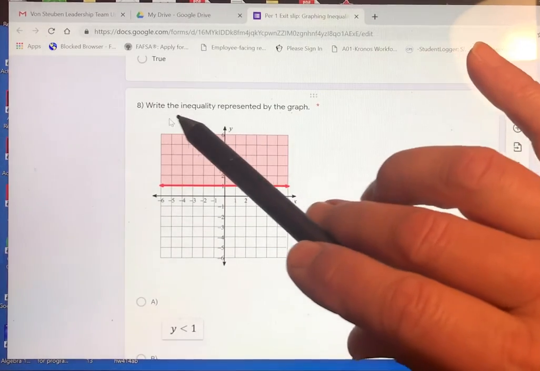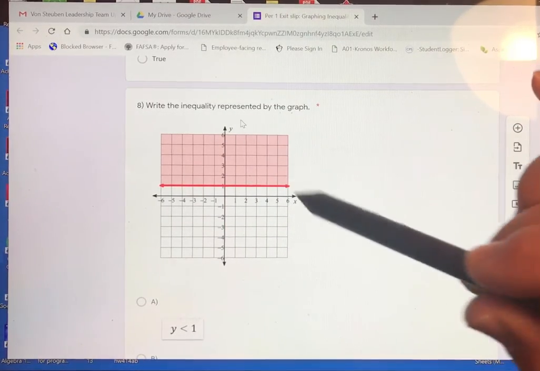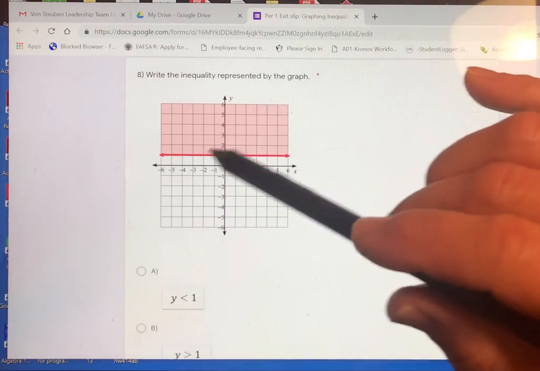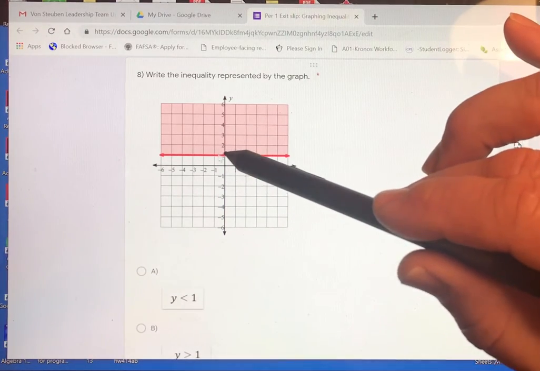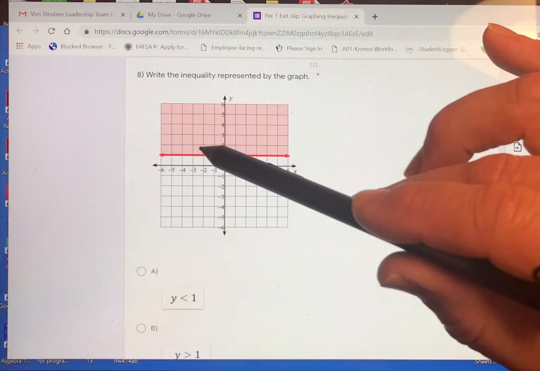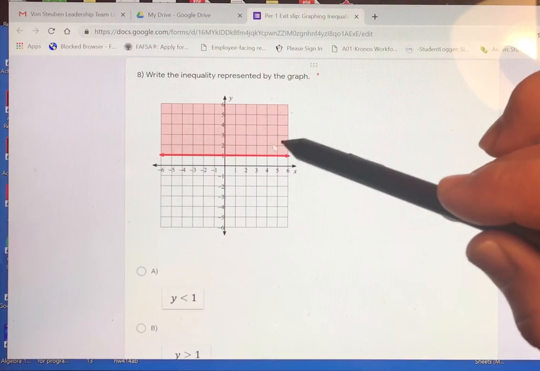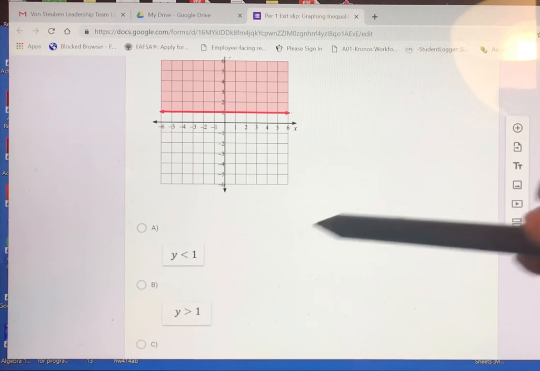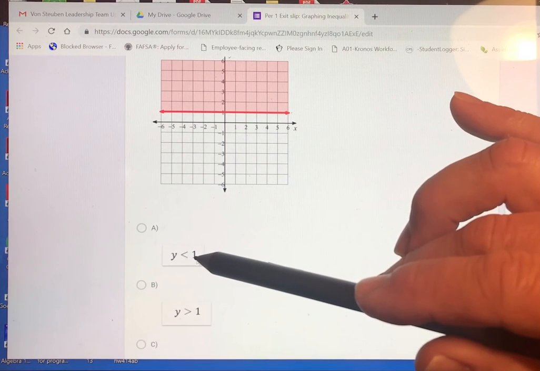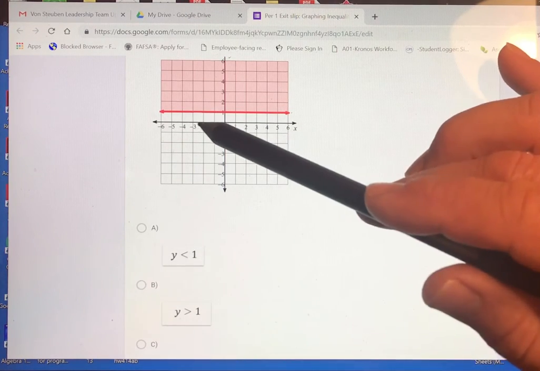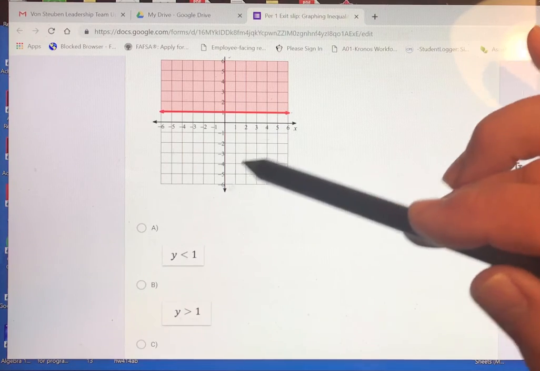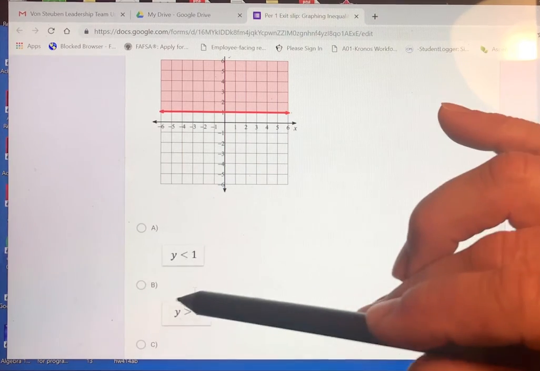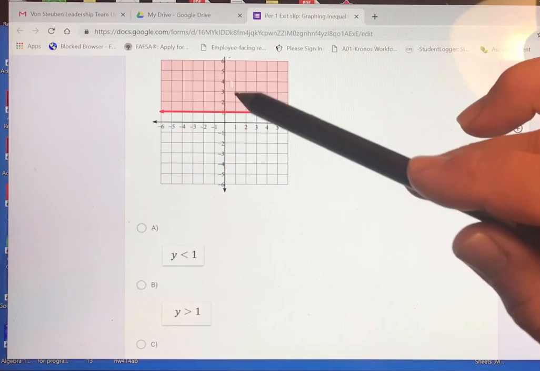In 8, we're to write an inequality, and this inequality would be a horizontal line with everything shaded above it. So if we look at our options, we have y is less than 1. This would be everything below that line. Greater than would be everything shaded above it.